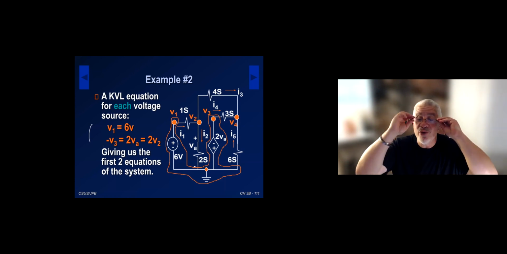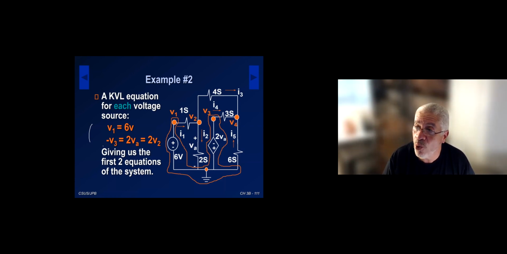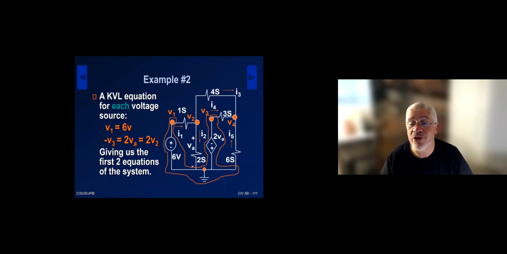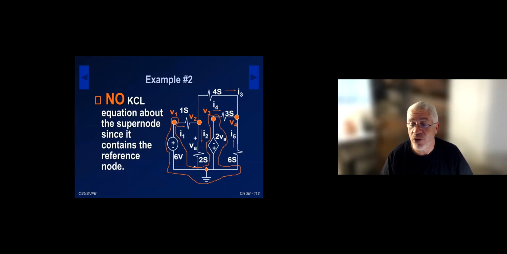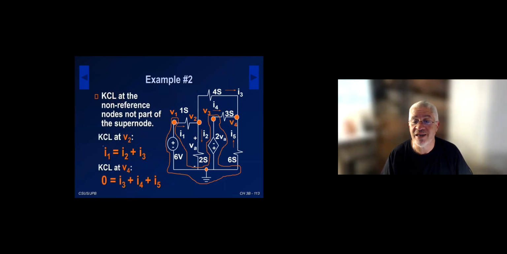I'm going to ask you, do we have a regular node here, or one or more regular nodes? I define regular nodes as a node that is not the reference node and not connected to a voltage source. You should be able to identify V2 and V4 as two regular nodes. So we're not going to do KCL about the supernode because it has the reference node inside, but we do KCL at node V2.